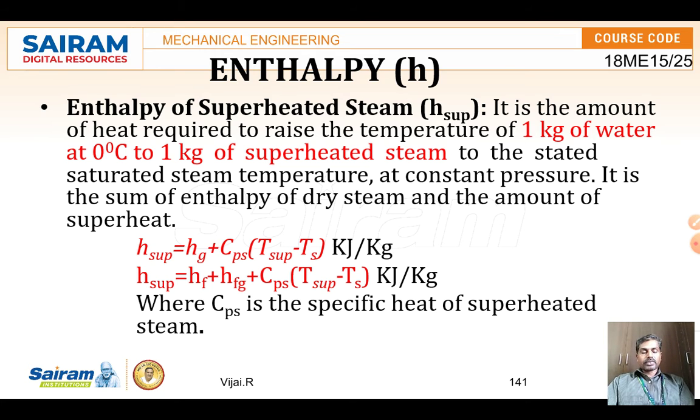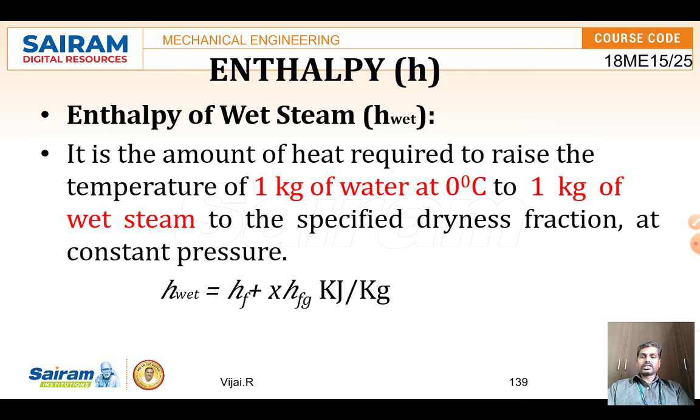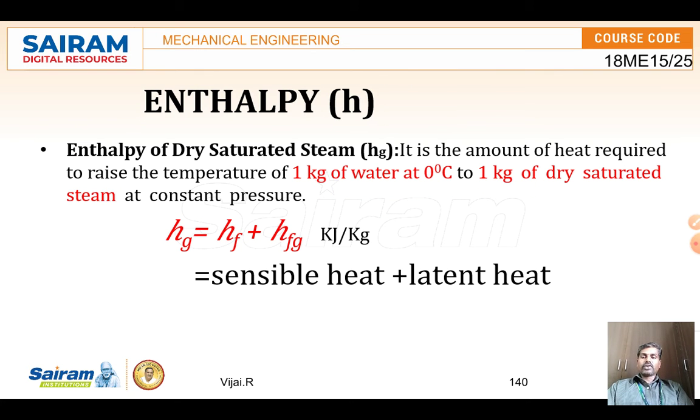The enthalpy of superheated steam formula is H super is equal to Hg plus Cps in bracket T super minus Ts, that is, the superheated and the saturation temperature. Okay, so you can see the enthalpy of wet steam, dry steam and superheated steam.